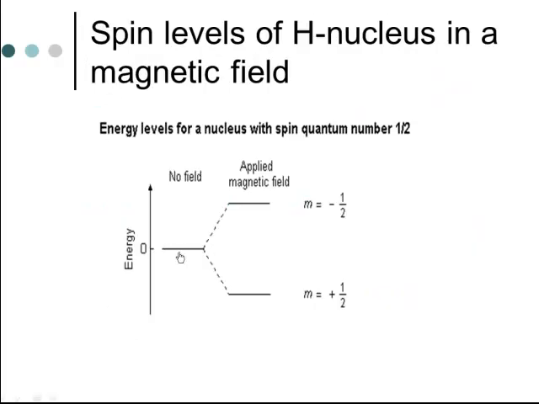This is the energy of a hydrogen nucleus when it is not in the presence of a magnetic field. So when there is no magnetic field, the energy of a protium is this much. However, if a protium is kept in a magnetic field, it will assume either of these 2 energy levels. This is called the alignment orientation, which is a low energy state.